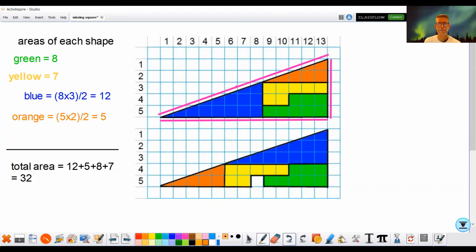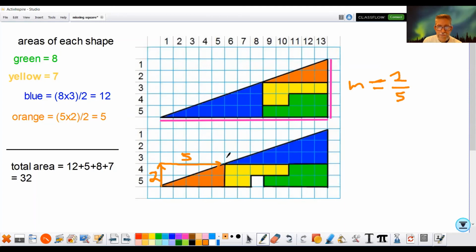But let's check out the slope of this big side. What does it go up? Up 2, and then it goes over 5. So its slope is up 2 over 5.